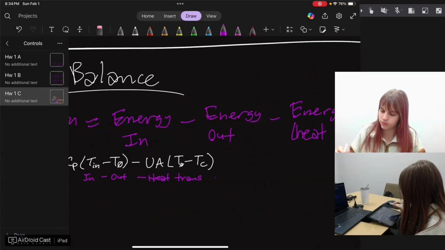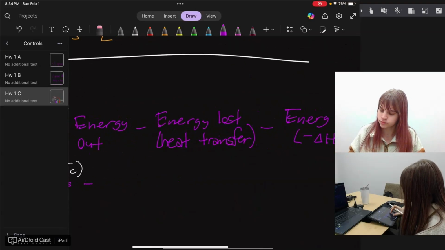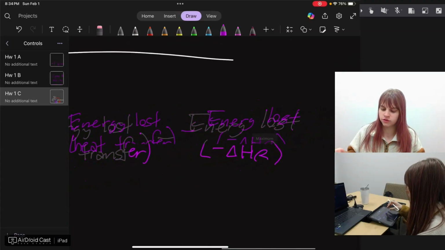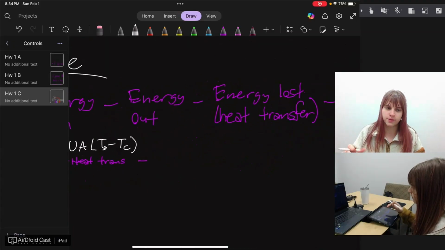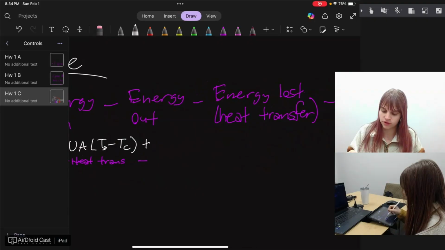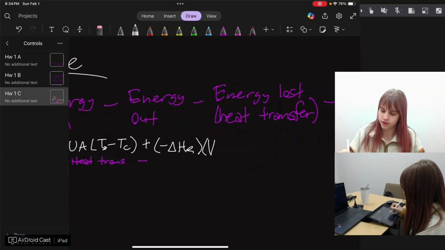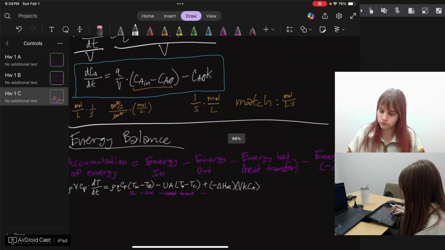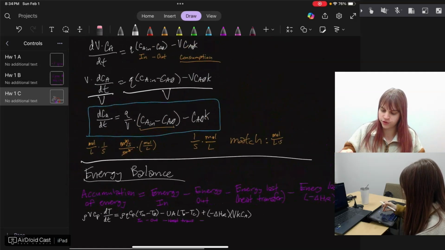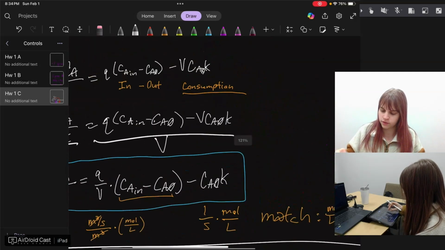And then we are just missing the energy lost due to the reaction itself occurring. So we're actually going to go ahead, add the delta heat of reaction, multiply that by V K CA, kind of similar to what we did up here.